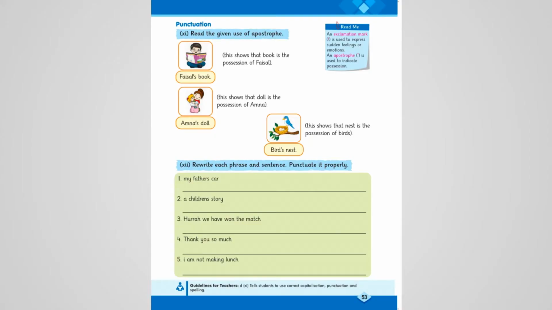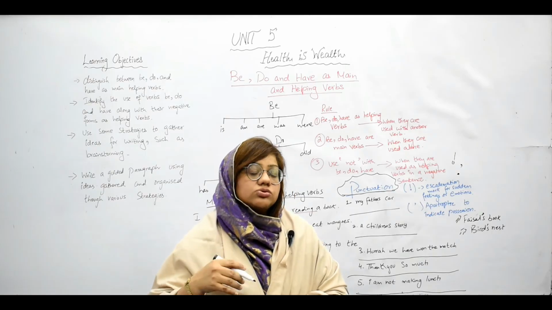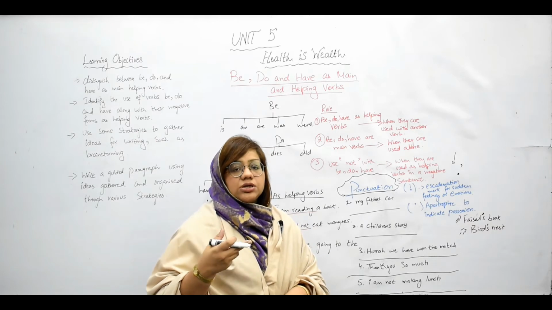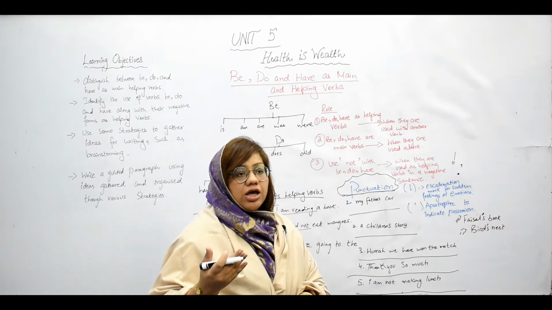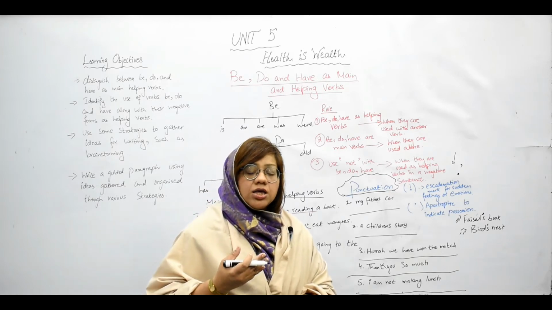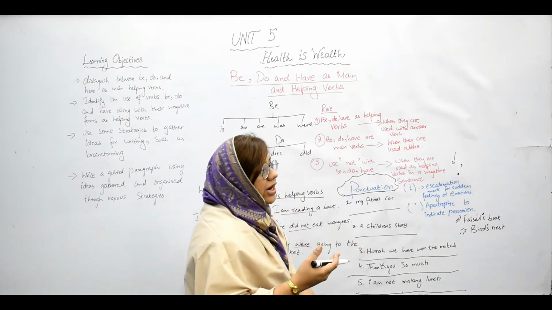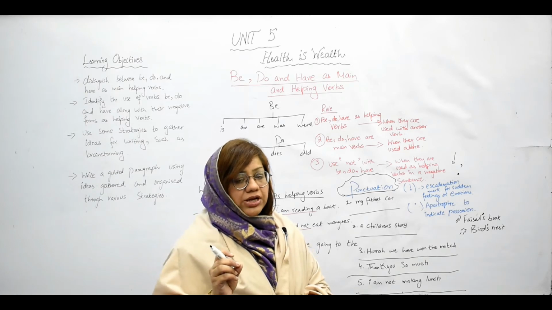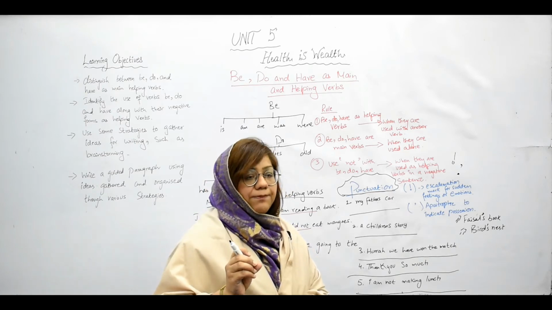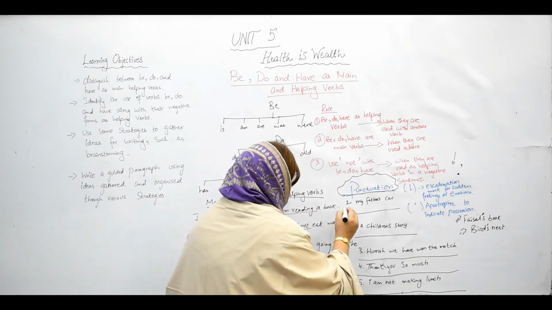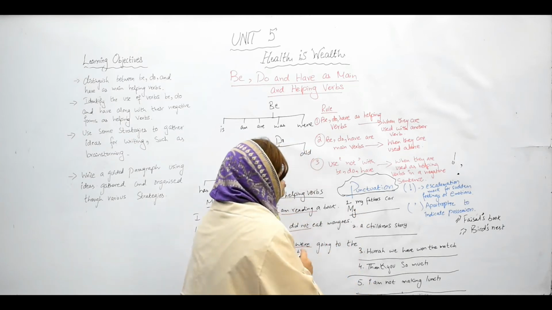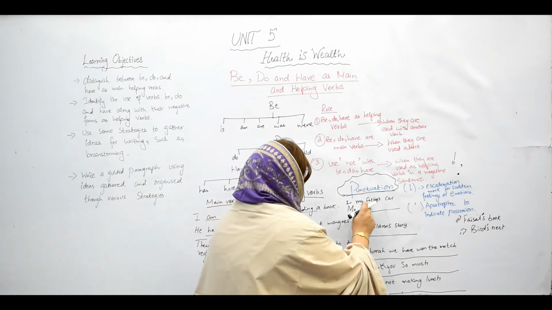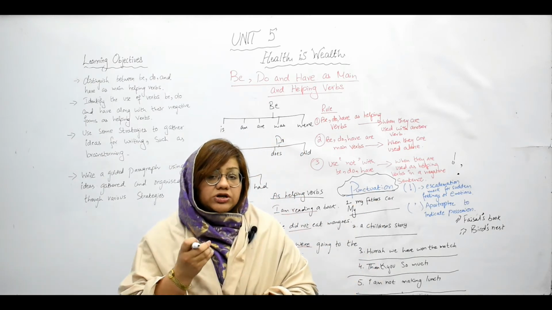How can we use it? Whenever you use punctuation, don't forget to capitalize the proper nouns. We already have a concept about proper nouns, and proper nouns are always in capital letters. The first word of a given sentence is always a capital letter. So "My", M capital, Y. Now "father's", what do we need to use?